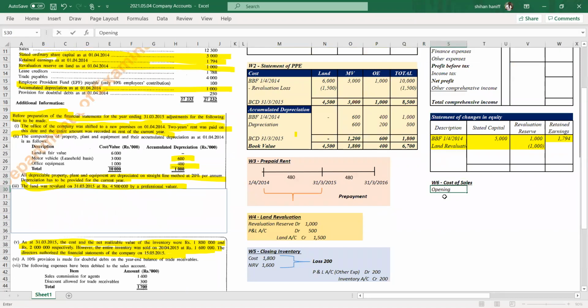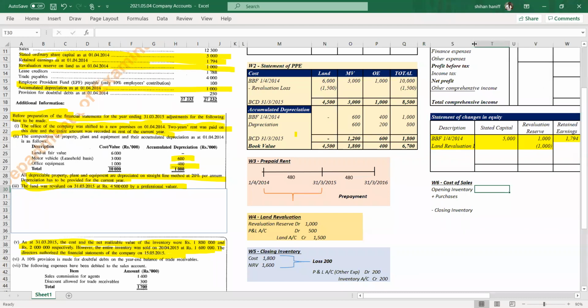Opening inventory plus purchases minus closing stock is cost of sales.